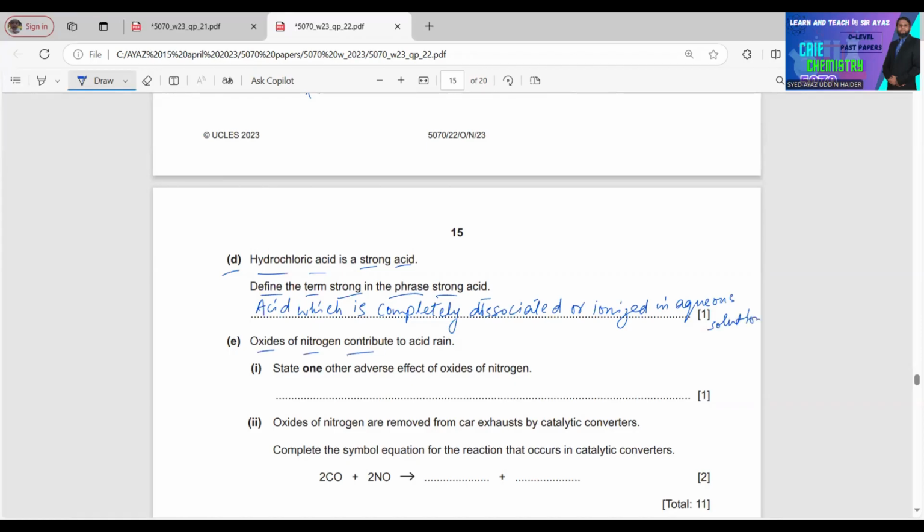Oxides of nitrogen contribute to acid rain. State one other adverse effect of oxides of nitrogen. It's a non-metal oxide, so it's responsible for acid rain, and other problems include respiratory problems.